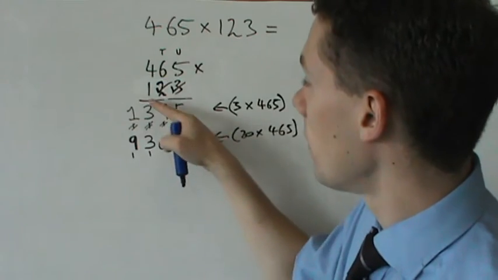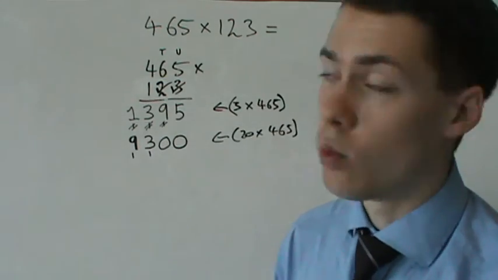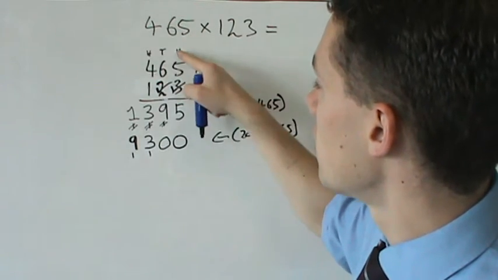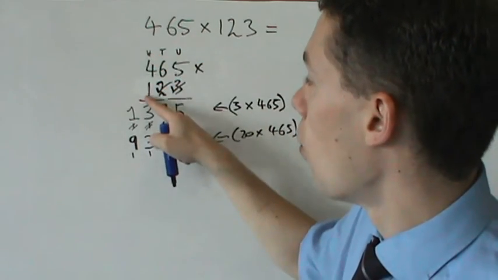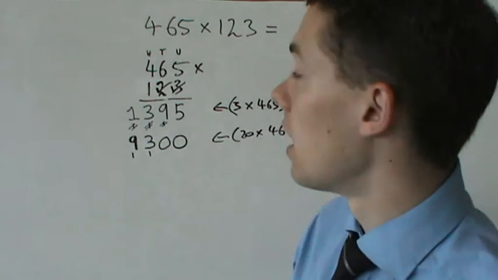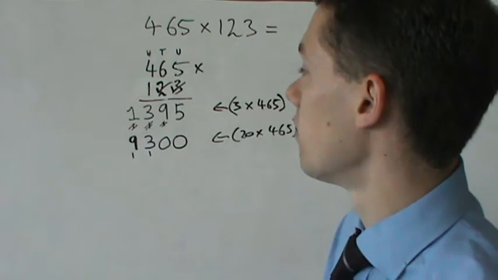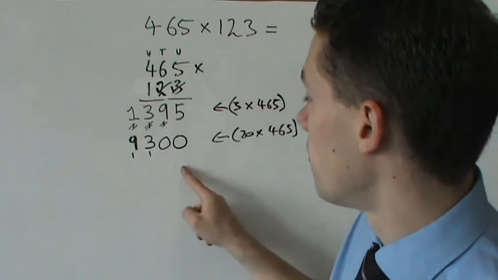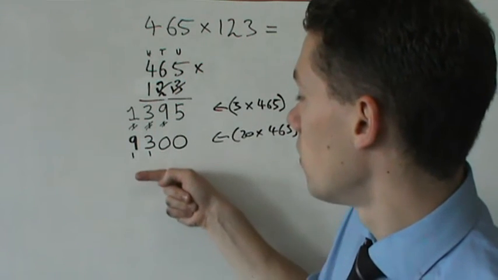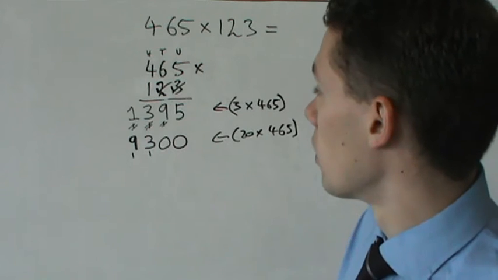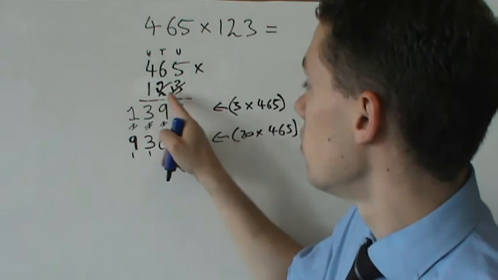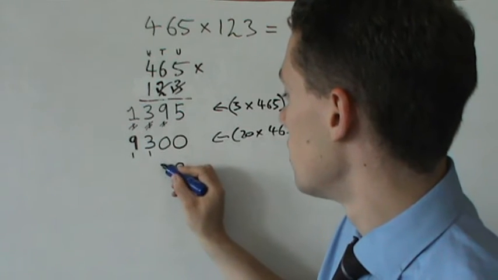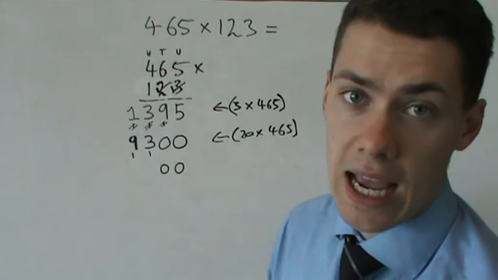Finally, I've got this 1, which, as we know, is not actually a 1 because it's in the hundreds column. So we've got units, tens, hundreds. So it's actually 100 multiplied by 465. So rather than starting with 1 times 5, which will give me 5, I want to move along. Because it's 100, I want to put 2 zeros down to start off with, 0, 0, and then carry on as normal.